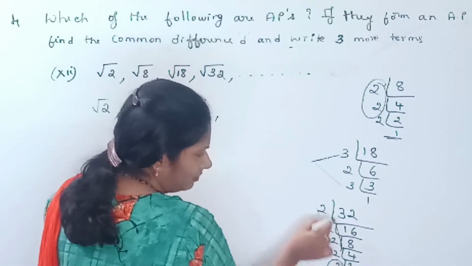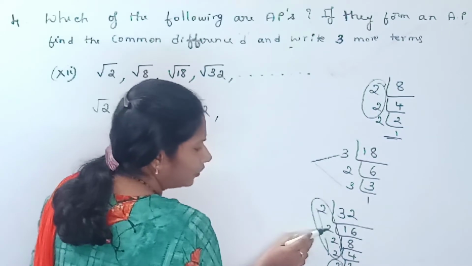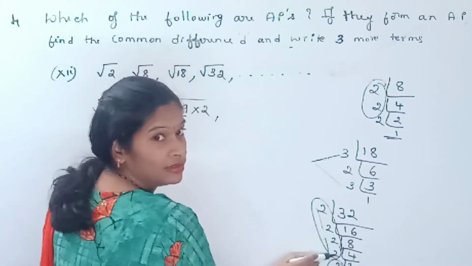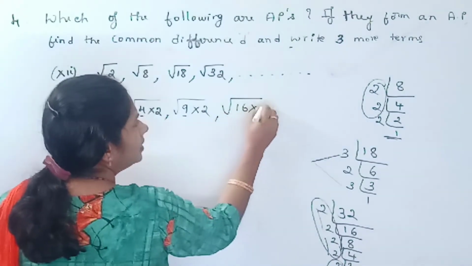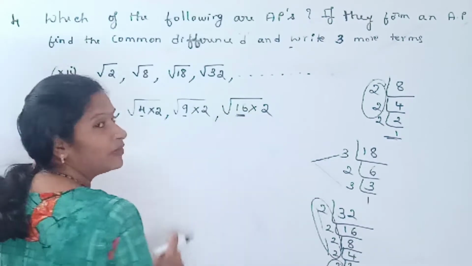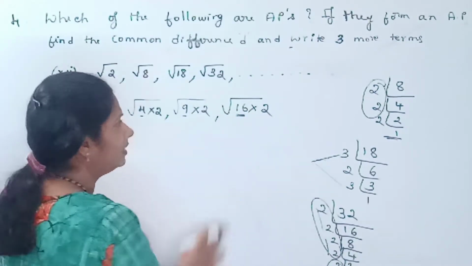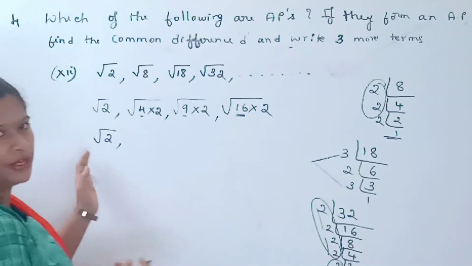So you multiply the numbers having groups: 2 2s are 4, 4 2s are 8, 8 2s are 16. So now this 32 you can write as 16 into 2. Now here you see 16 is a perfect square number. So root 2 as it is, you cannot simplify further, children.